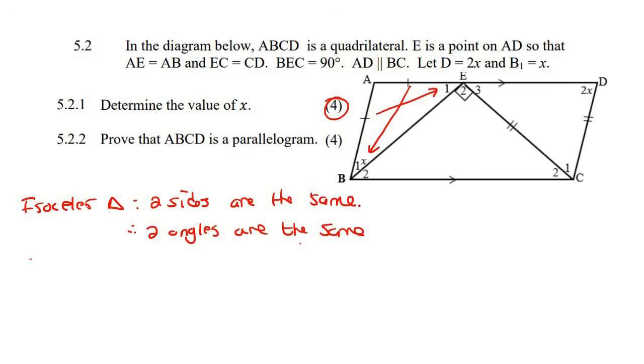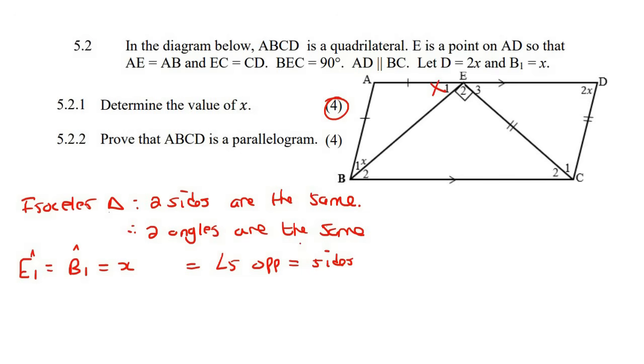We will say that angle E1 is going to be the same as angle B1, and they're both then going to be equal to x. And the reason is that we have equal angles opposite equal sides. Now, there's different ways that people write this, but one of them is equal angles opposite equal sides.